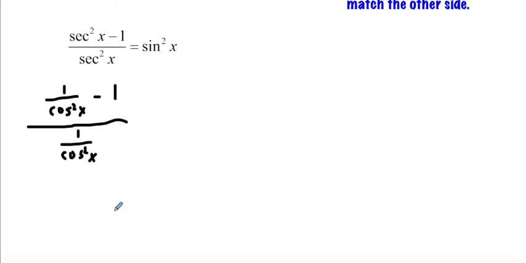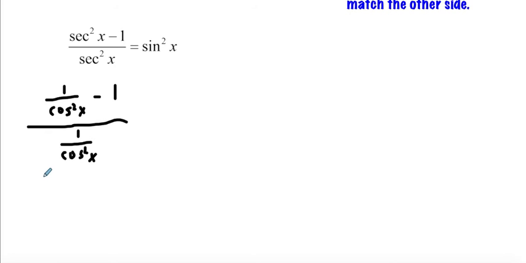Alright, so since everything right now is in terms of cosines and they're cosine squareds, I'm going to replace that 1 up there. I've got 3 division bars in here, so I need to get this down to a single term in here. So I need to get a common denominator in the numerator up there, and then write that as a fraction, and then go ahead and probably use my algebra skills to rewrite that in a multiplication statement instead of division statement.